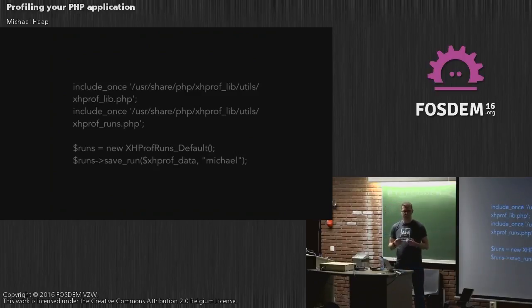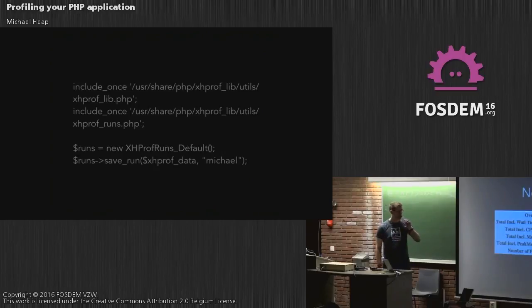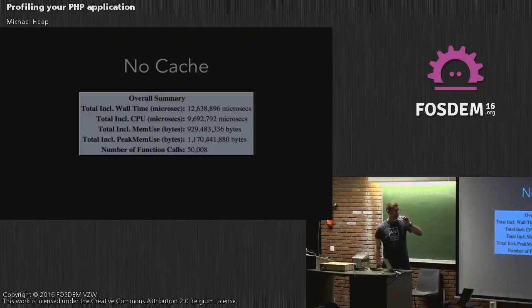It's nothing clever. But then it's available for use in other applications, things like the XHProf UI. Now, the UI is not that pretty, but it works. This is the overall summary for the import without the cache.